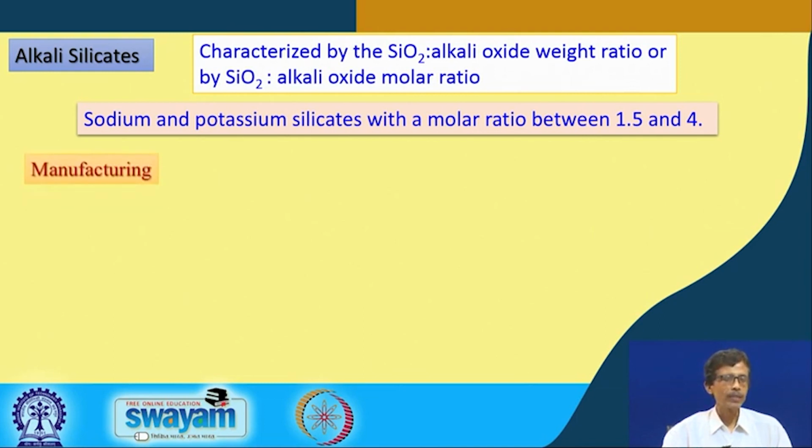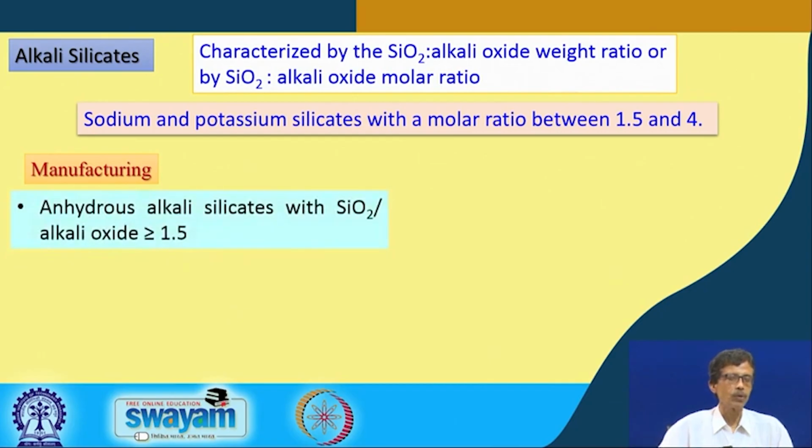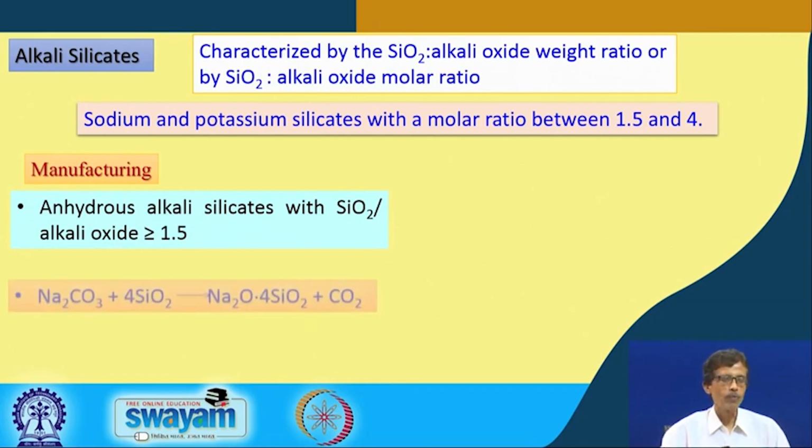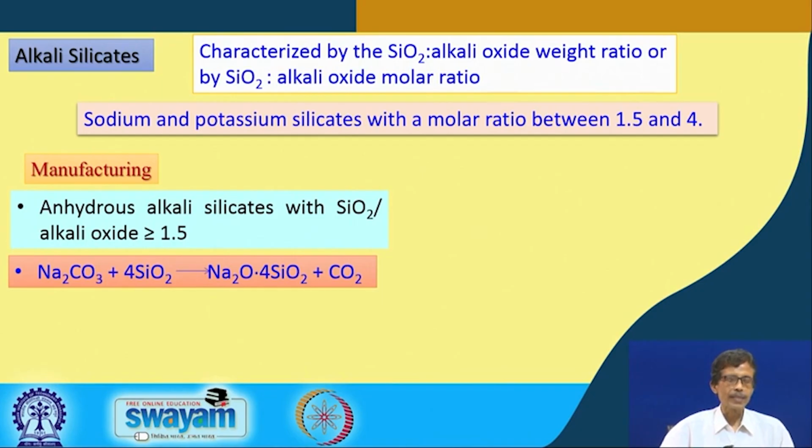Then the typical manufacturing process gives anhydrous alkali silicates with the ratio of SiO2 to alkali oxide, sodium oxide or potassium oxide, greater than or equal to 1.5. The reaction, as I already told you, gives sodium silicate, but now with a higher amount of silicon, that is, more SiO2 in the system.